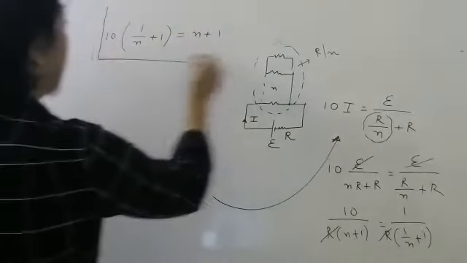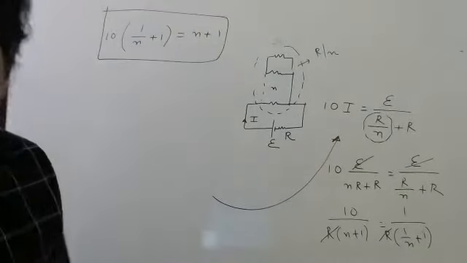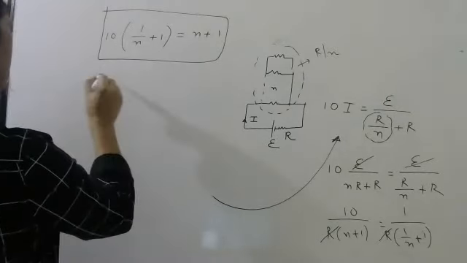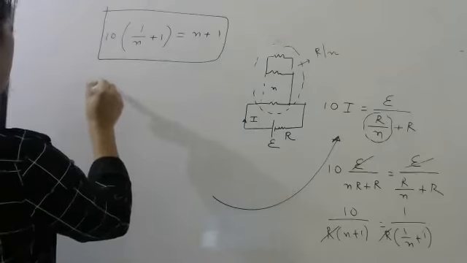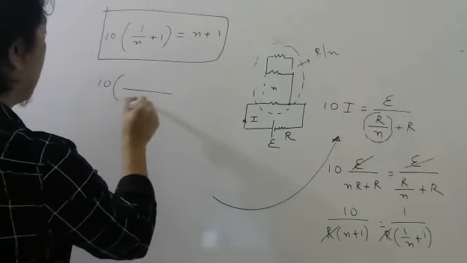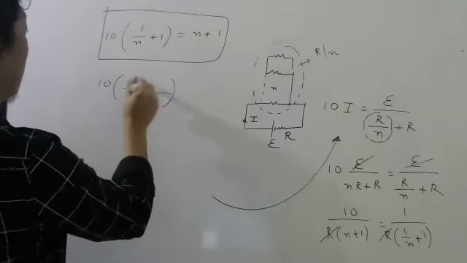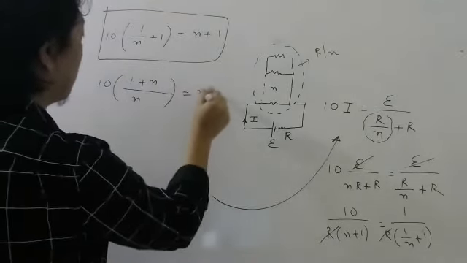So try to solve this equation. You may get a quadratic equation. Oh no, it will cancel. 1 plus N equal to N plus 1.